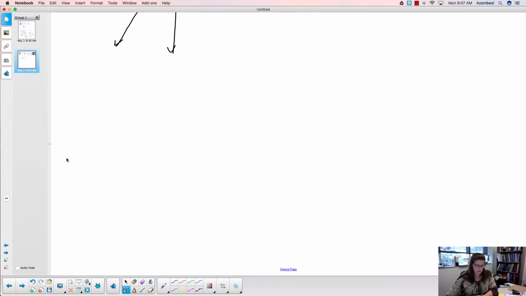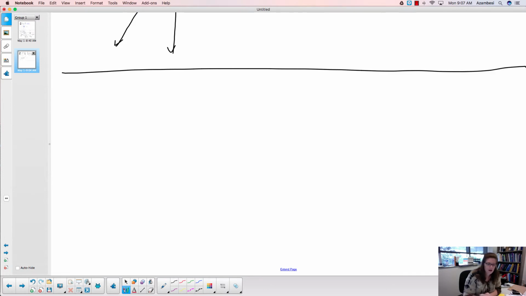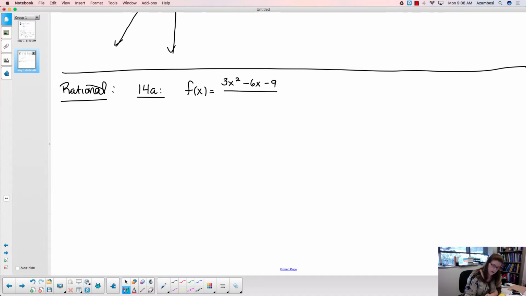Looking at the next piece, I want to analyze a rational function. So you will have to analyze a rational from start to finish. And I'm going to choose 14a. 14a is f of x is equal to 3x squared minus 6x minus 9 over x squared minus 4.